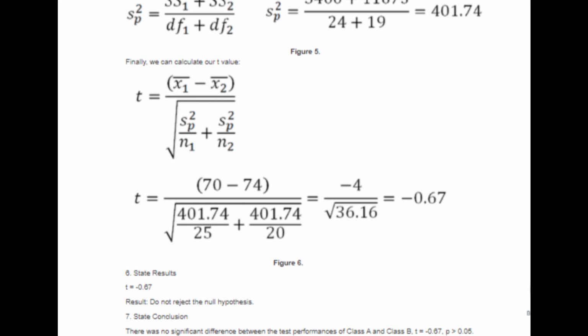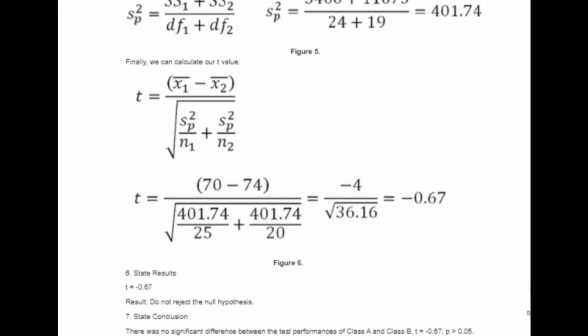Then n sub 2 minus 1 is equal to 20 minus 1, which equals 19. Then, multiplying, we got 5,400 and 11,875. Then use the information to calculate the pooled variance. We've got the formula: 5,400 plus 11,875 over 24 plus 19 is equal to 401.74.